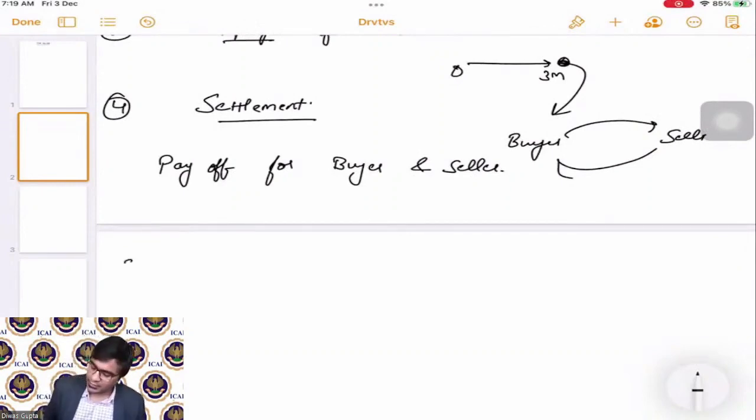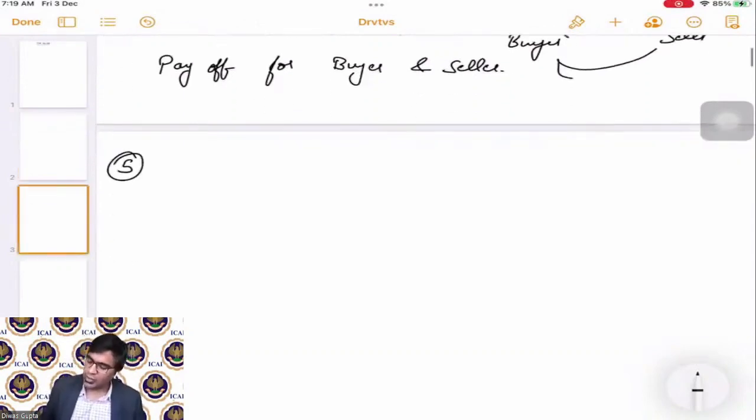And then now let's talk about the terms and conditions in that contract, correct? While I will use the word contract here, it would mean that it is a financial instrument, or we are talking about the derivative itself. So the fifth point is that in the contract, there will be certain items that will be certain.